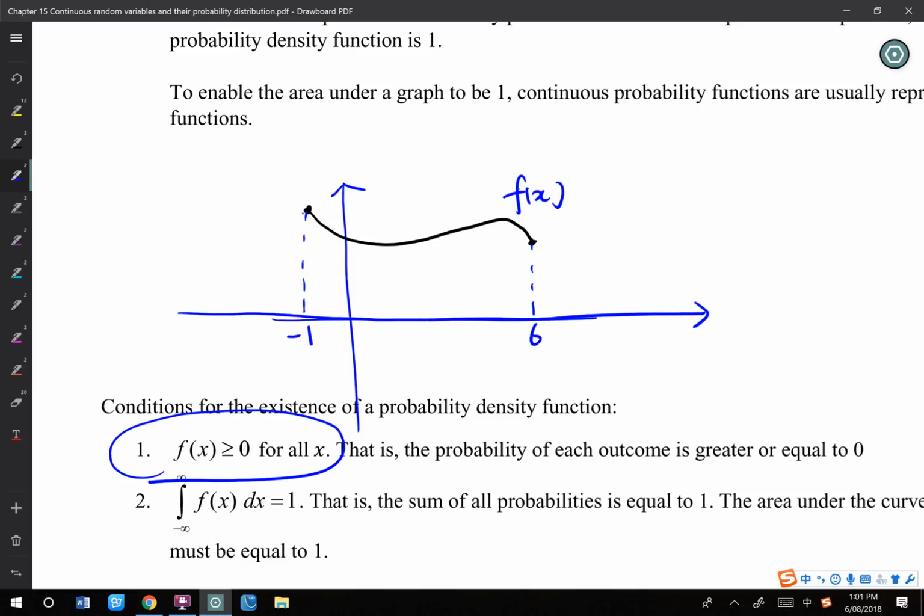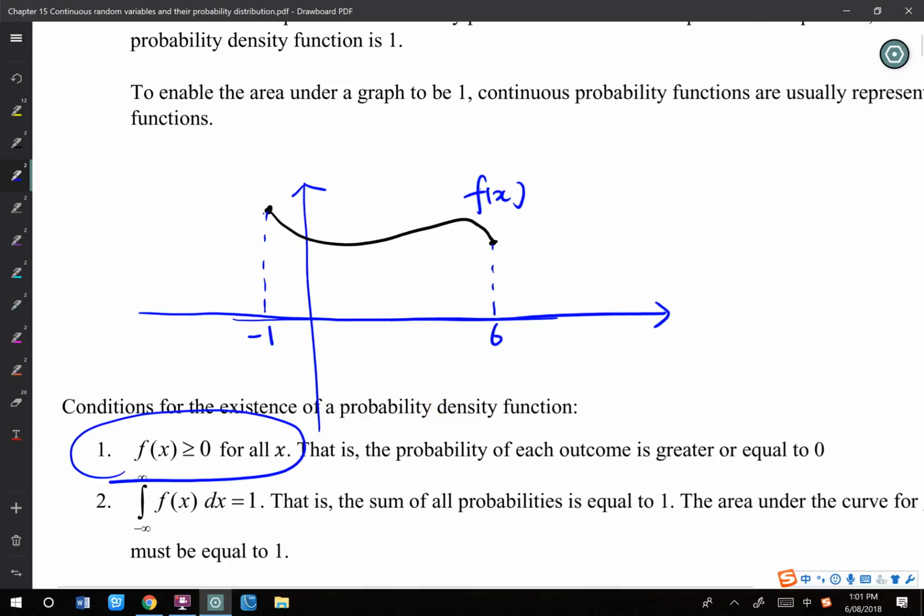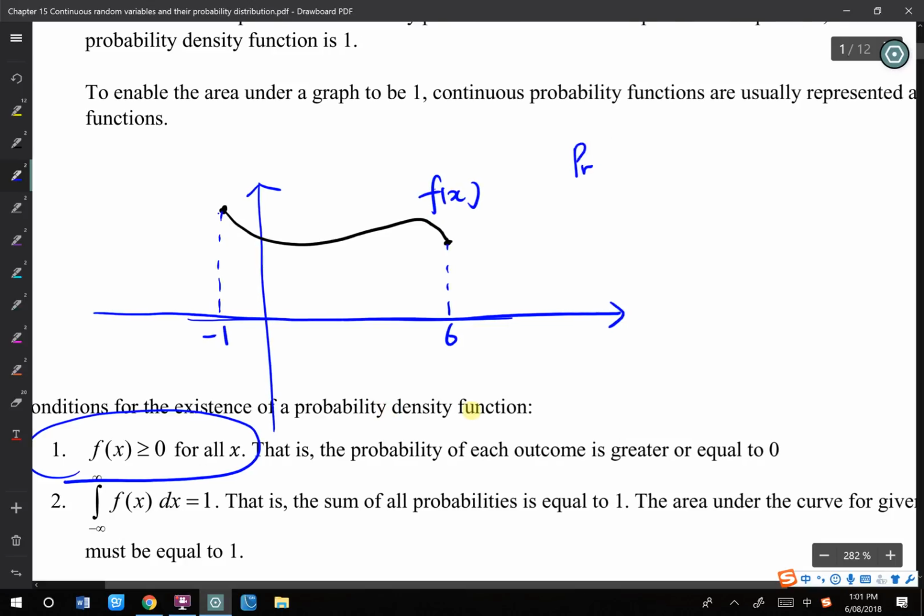If I want to talk about the probability, let's say from 0 to 2, by using this density function, I will find the area from 0 to 2.